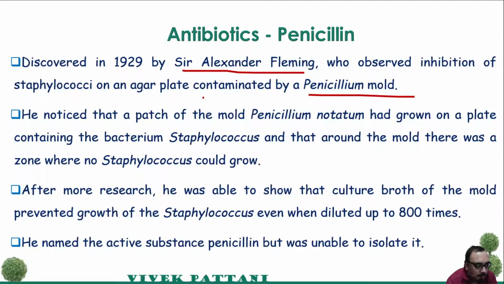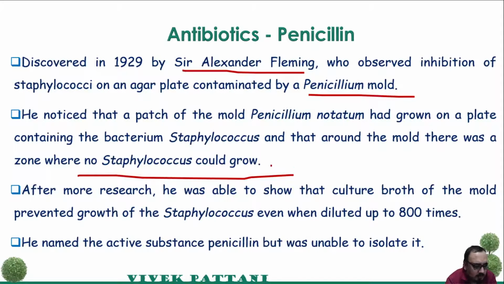He observed the inhibition of staphylococci on an agar plate contaminated with Penicillium mold. He noticed that a patch of the mold Penicillium notatum had grown on a plate containing the bacterium Staphylococcus, and that around the mold there was a zone where no Staphylococcus could grow.